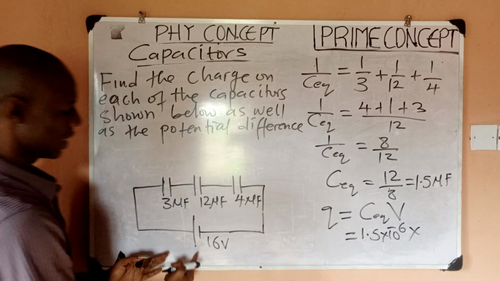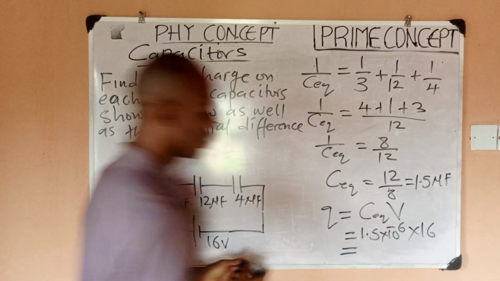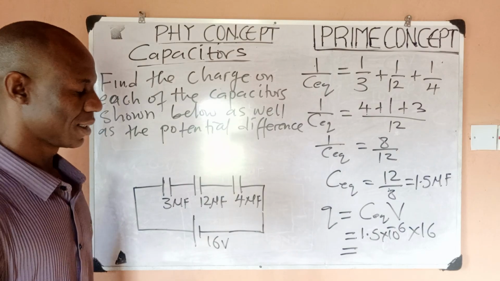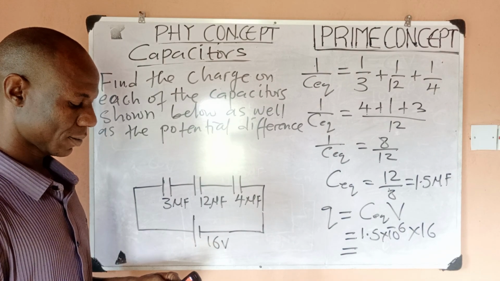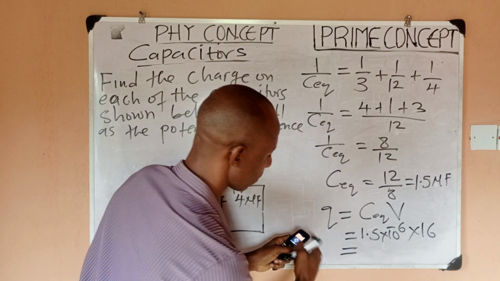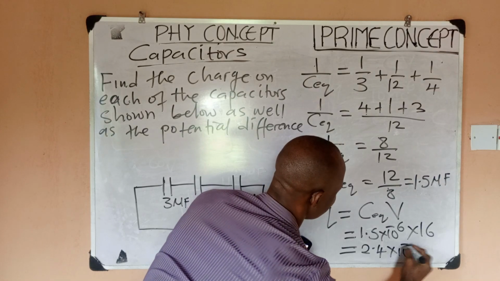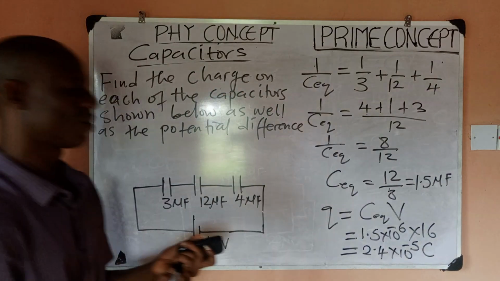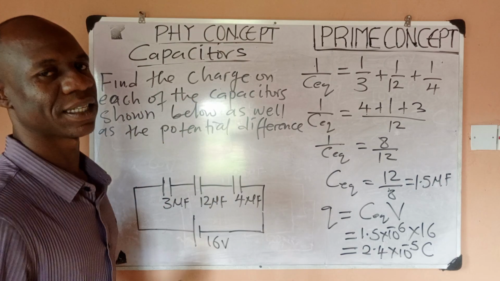Times our voltage, our potential difference, 16. And then if you punch this, you would get that our answer is 2.4 times 10 to the power minus 5 coulomb. So this is our charge through each of the capacitors, right?